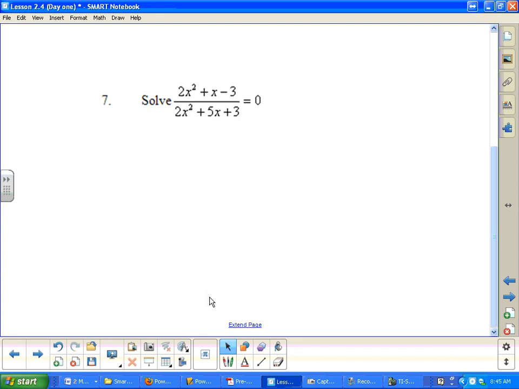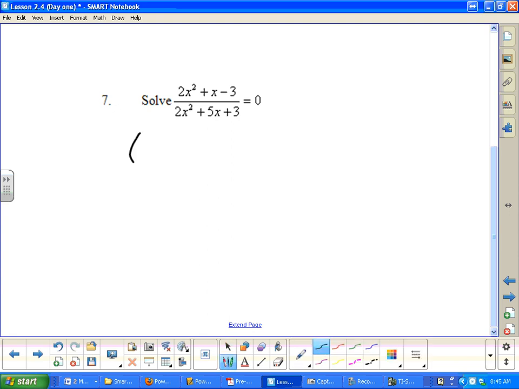So that can't be a solution. But the only time this is going to be equal to 0 is when the numerator is equal to 0, because when the denominator is equal to 0, we have vertical asymptotes. So if we want to factor it, we're looking for common factors. Anytime there's a common factor, that negates the 0, because it would be a hole in that situation.